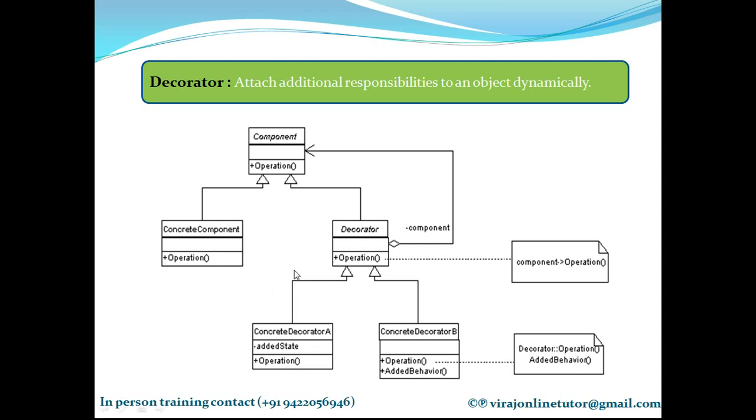Concrete decorator A, I am adding one state to it. Concrete decorator B, I am adding a new function to it. If you notice carefully, I am adding the responsibilities to the concrete component dynamically via decorator.